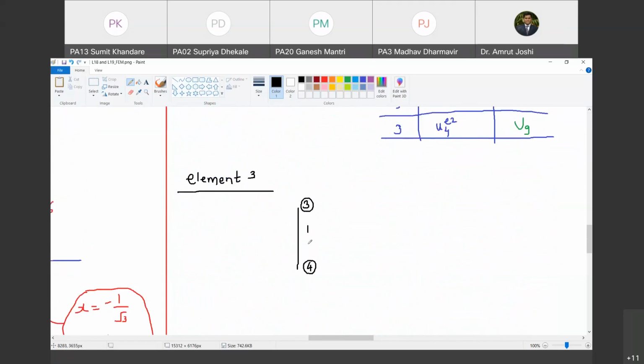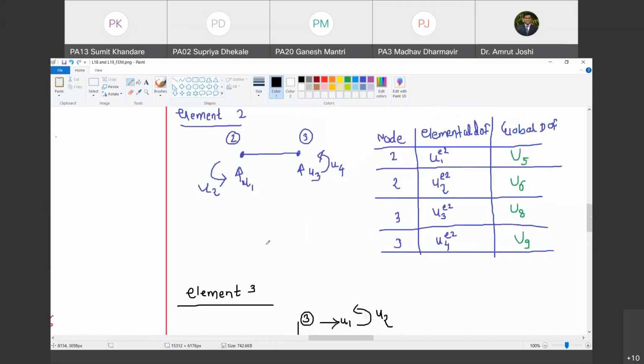The moment I say the connectivity is from 3 to 4, this becomes U1 and this becomes U2, this becomes U3 and this becomes U4.